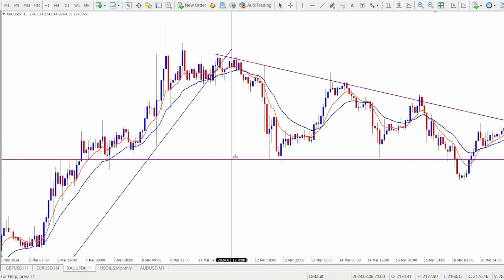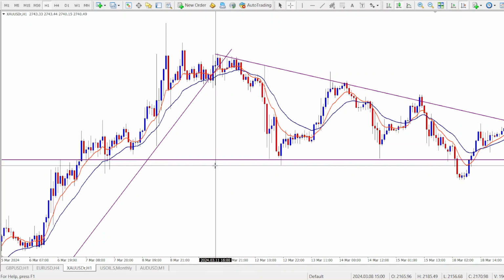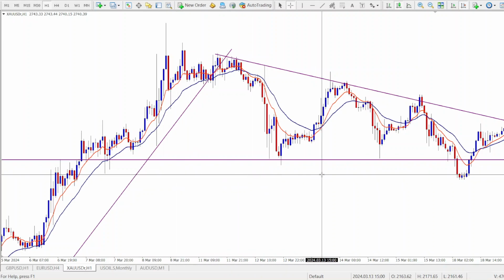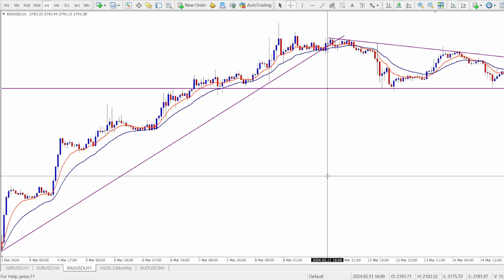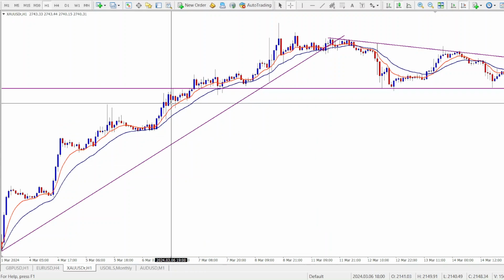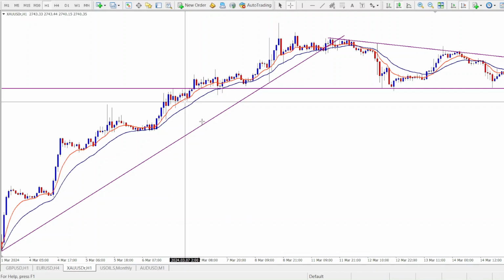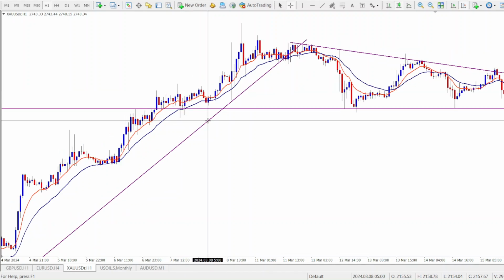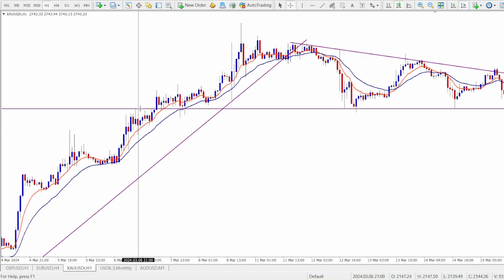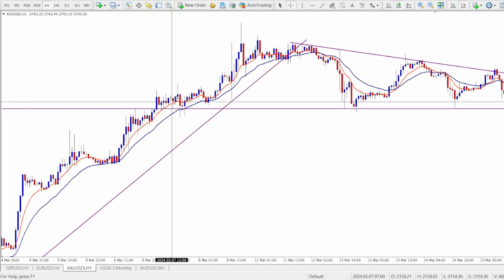All you need to do is look for a zone or a level where there were multiple rejections, at least 2 rejections. We can see that there was 1 rejection here, and always remember that a support level turns into a resistance after the support has been broken, and a resistance level turns into a support after the resistance has been broken. So in this case, it was formerly a resistance, and then after it was broken, it turned into a support.